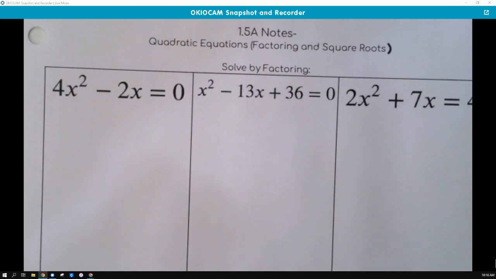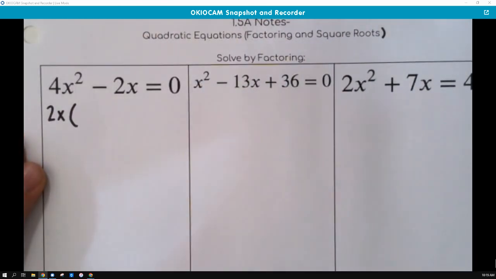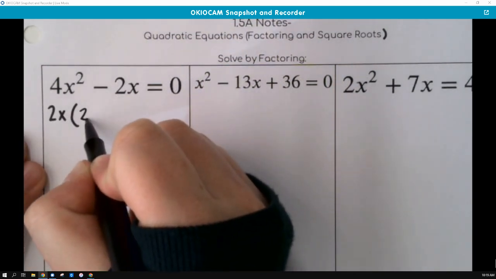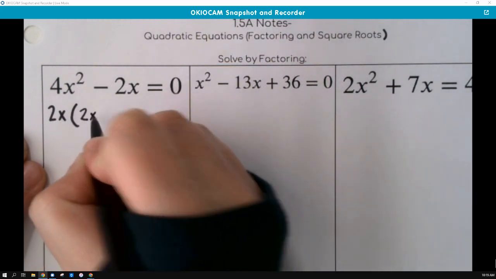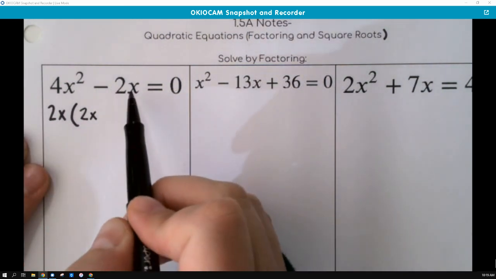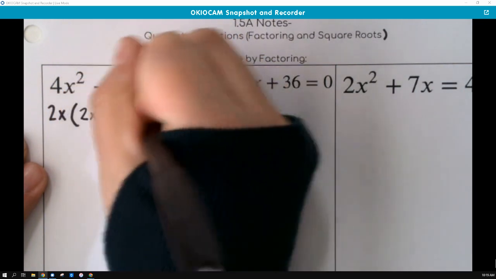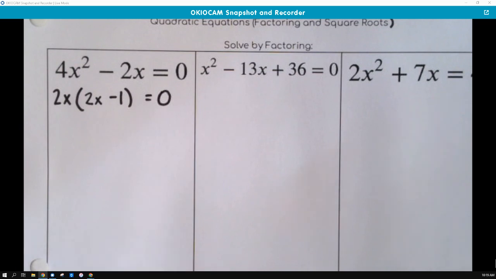I can pull out 2x. 4 divided by 2 leaves a 2 behind, x squared factor out x leaves an x behind, and 2x divided by 2x is just 1. So this is minus 1. I'm just factoring out a greatest common factor.